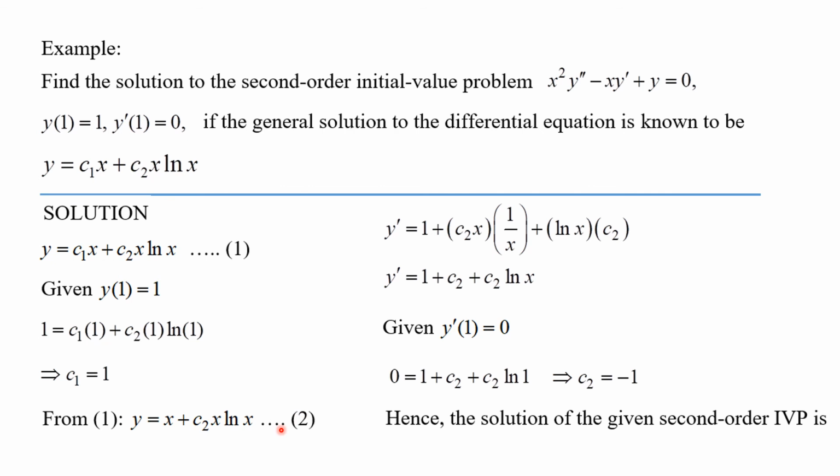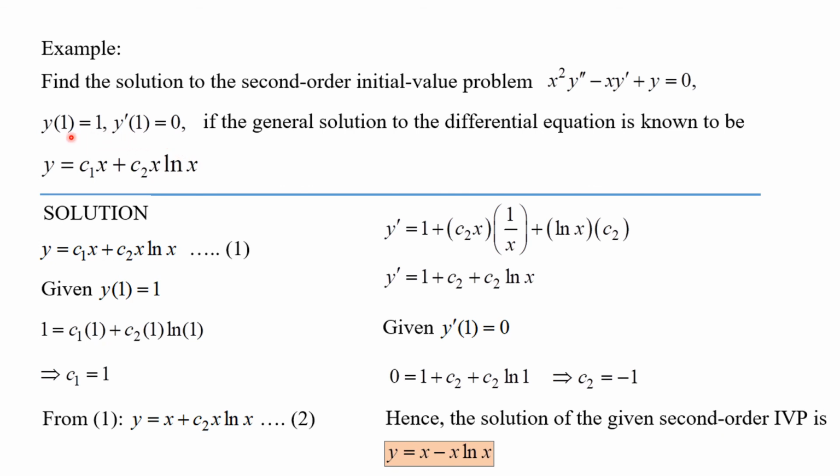We already know the answer for c1, which is 1. So now we can get the solution of the given second order IVP, which is y equals x, now replace c2 by negative 1, so you get y equals x minus x ln x. So this is the solution of the second order IVP subject to these two initial conditions.